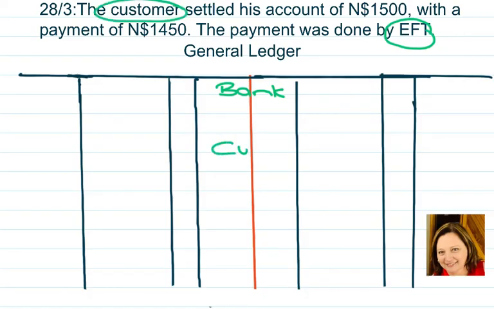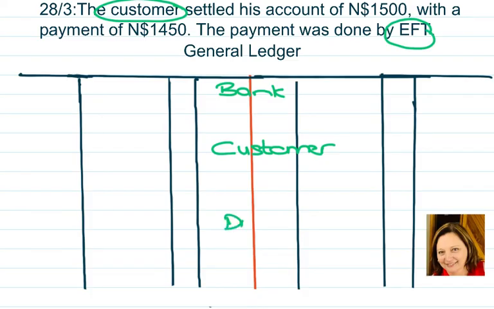There's my customer account. And then also, what is different from the previous examples is that we have a discount there because the amount owed was 1,500, he paid 1,450, so there was a discount.